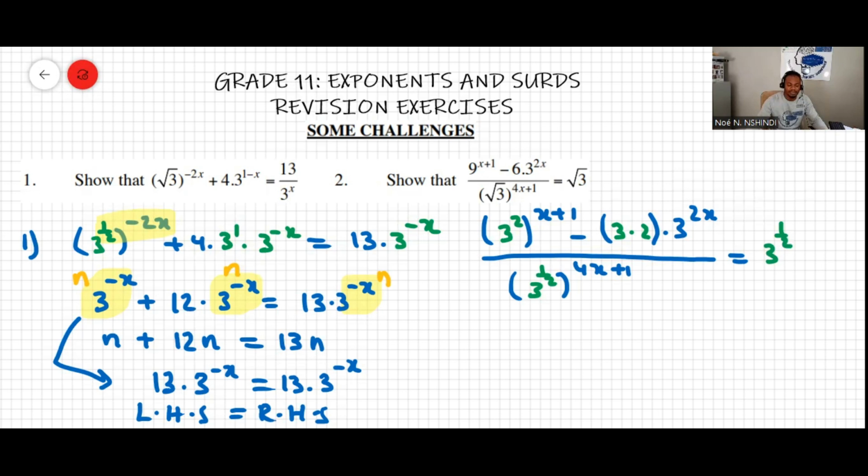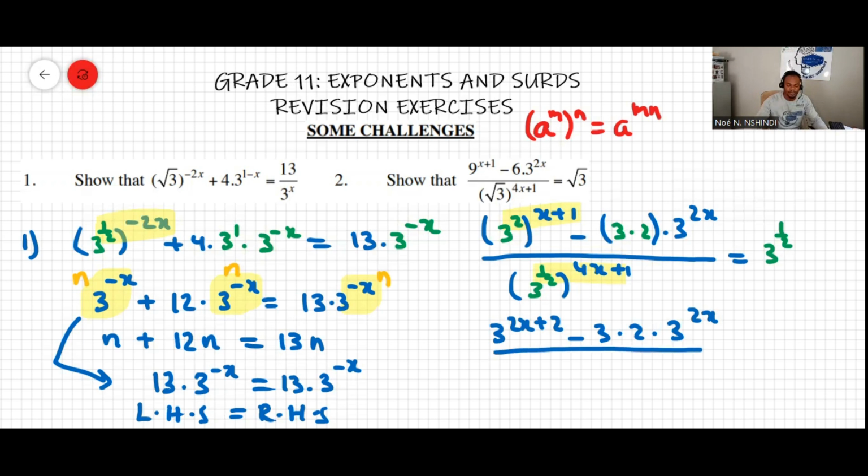If we apply the law of exponents, a to the m raised to the n is the same as a to the mn, we multiply the exponents. So this will be 3 to the 2x plus 2, minus 3 times 2 times 3 to the 2x, all over 3 to the 2x plus a half, equal to 3 to the power of a half.